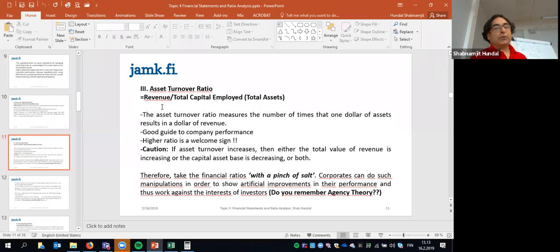So in that case, we use the asset turnover ratio. And you can see that the asset turnover ratio basically tells you how much revenue an asset is generating. So basically, if your asset turnover ratio is this, it basically means that by investing €1 in the company's assets, building, equipment, whatever, the company is able to generate 20 cents of total revenue.